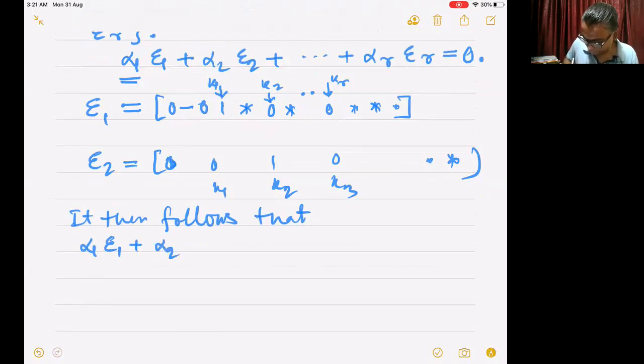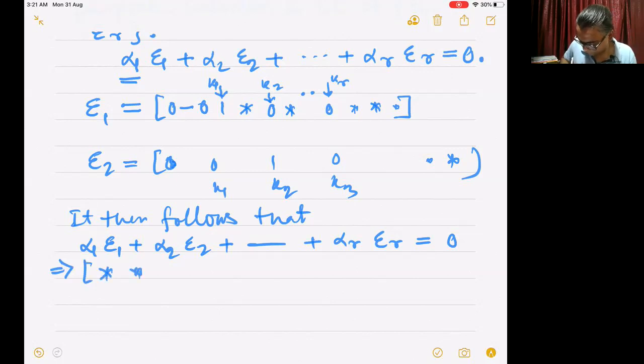Alpha 1 epsilon 1 plus alpha 2 epsilon 2 plus dot dot dot up to alpha r epsilon r is equal to 0. So this vector now is going to be, I don't know what the other entries may be, whatever they are, but I can say this for sure, that at the k1th position alpha 1 will appear, at the k2th position alpha 2 will appear, and so on.